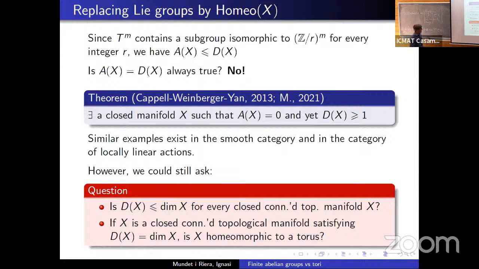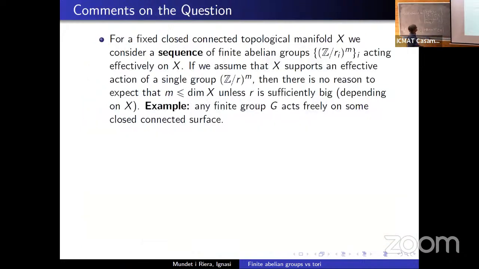And in case you have equality, is x necessarily homeomorphic to a torus? Well, I ask the questions because I have some hope that the answer is yes. I don't dare to say conjecture because I have some evidence, but it's maybe not extremely strong.